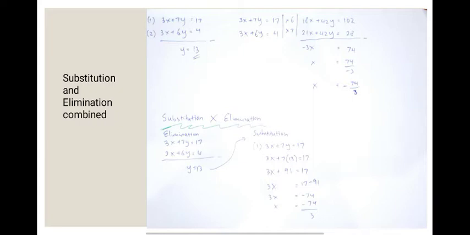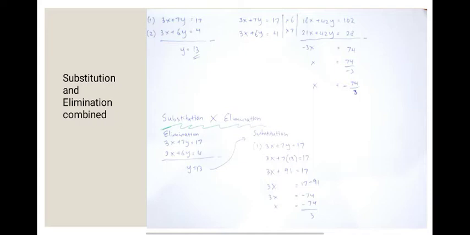The top one here actually is still the elimination method. For the second one, we are trying to find the x, still with the elimination method. Now, we need the x right now, so we're going to try to eliminate the y. But the coefficients of y are different: one is 7, one is 6.